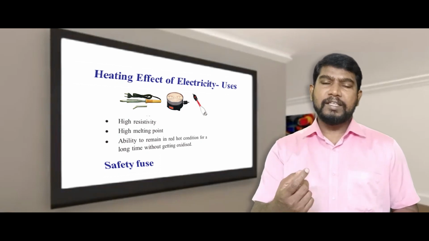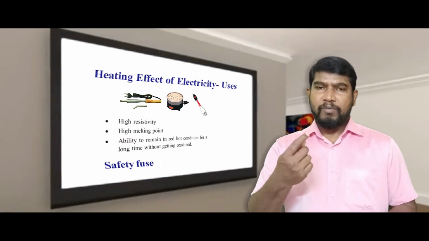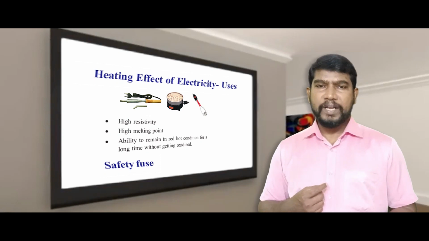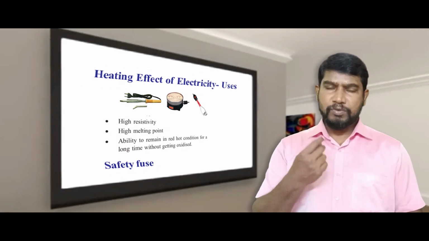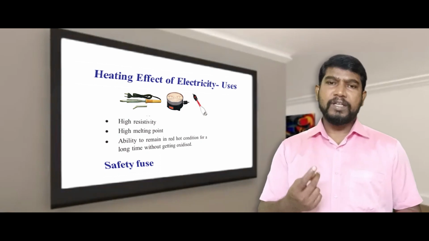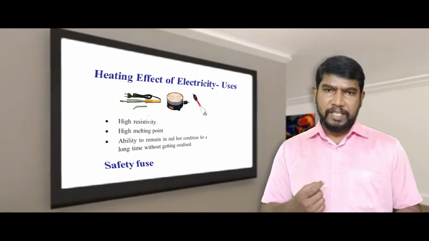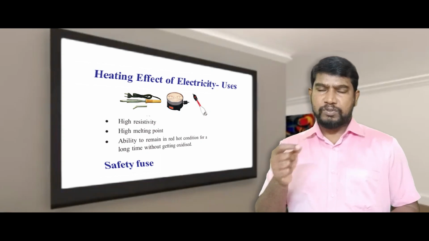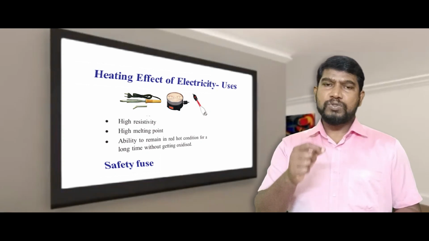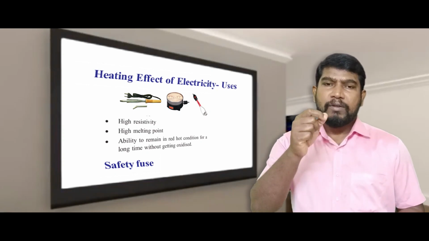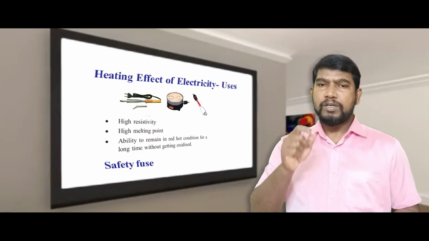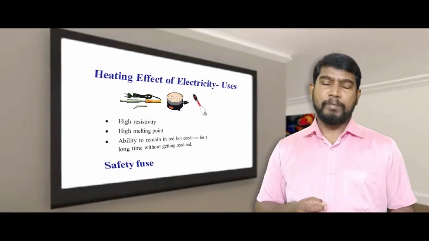Another thing we discussed is that while including fuse wire in the fuse carrier, three things you have to remember. The first is that a thin wire has to be taken as the fuse wire. Second, there are two screws, and the fuse wire should be firmly screwed into the two particular points.